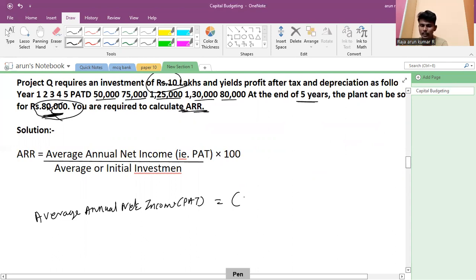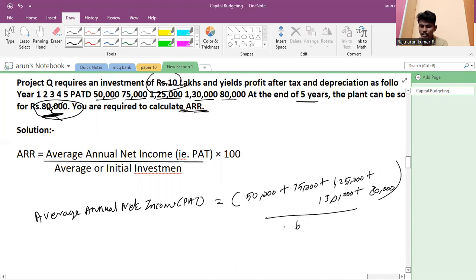Here they given PAT 50,000 plus 75,000 plus 1,25,000 plus 1,30,000 plus 80,000, divided by 5. It will come, I calculated already, 92,000.